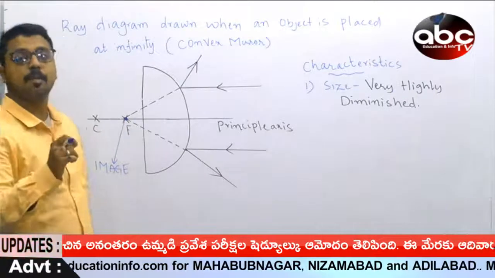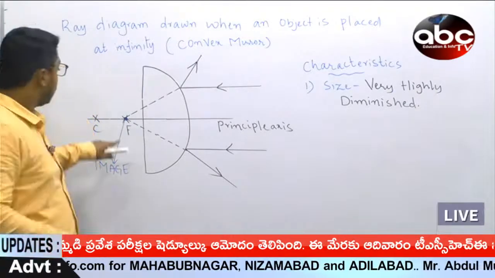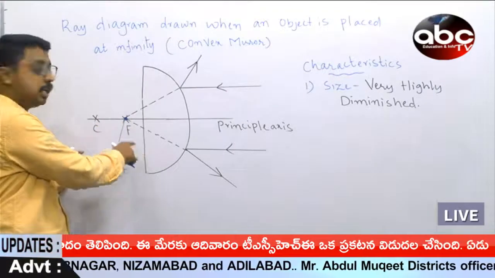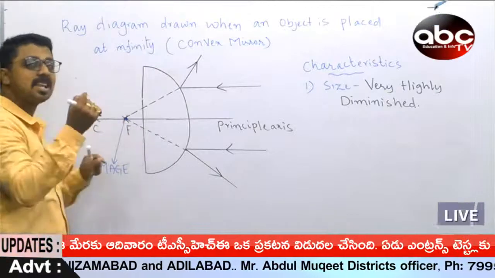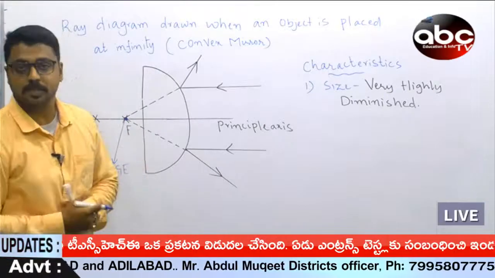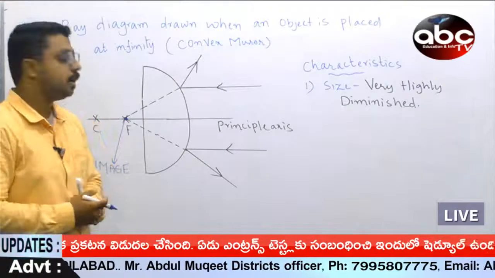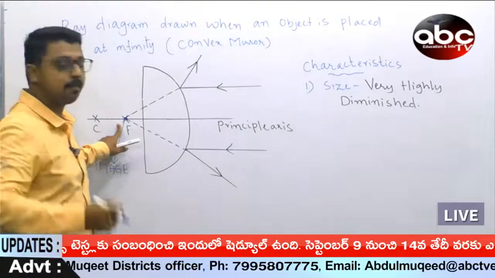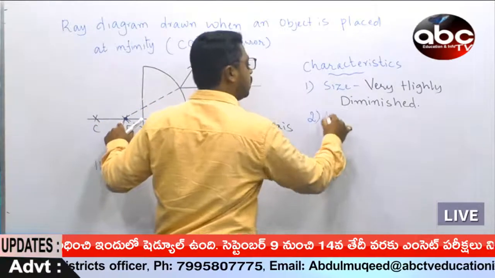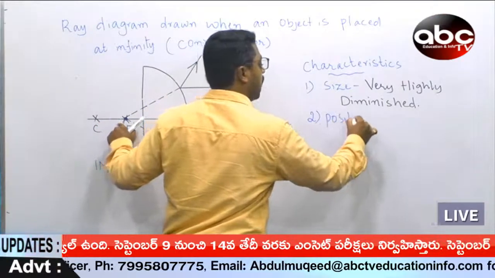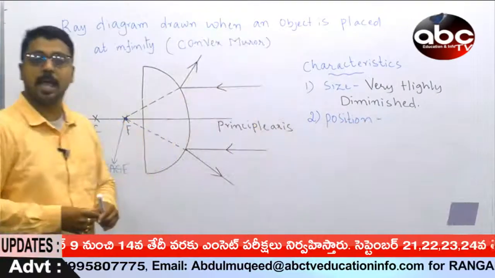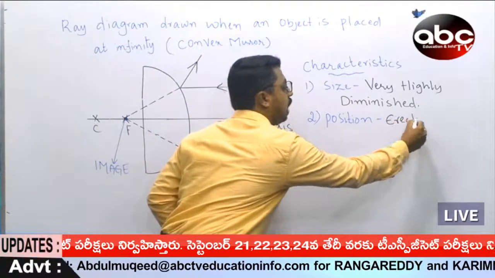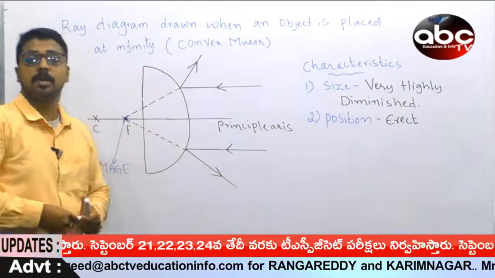But there is a chance of a virtual image here, so it may be slightly above the principal axis. Therefore, we are able to expect the position to be above the principal axis, and that can be stated as an erect image. That is an important issue here.